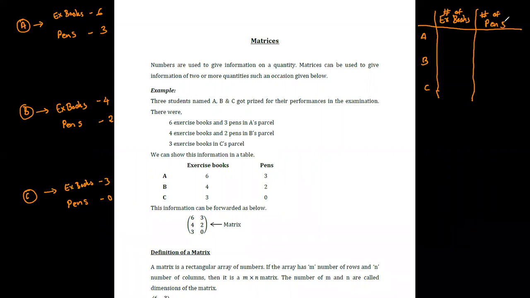If you tabulate the information, for student A there were 6 exercise books and 3 pens. For student B, there were 4 exercise books and 2 pens. For student C, there were 3 exercise books but no pens.